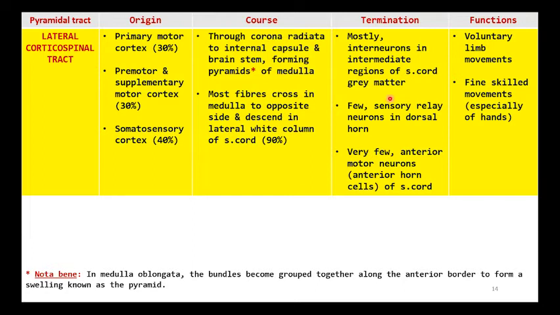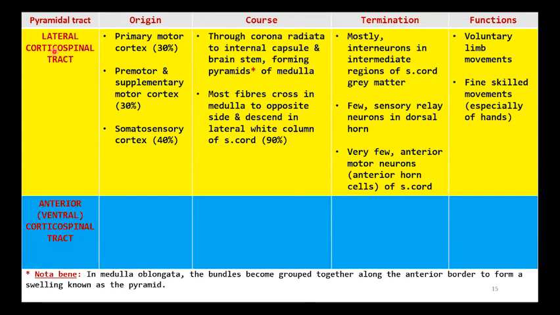So if we compare the lateral corticospinal tract with its counterpart, the anterior corticospinal tract, also known as the ventral corticospinal tract, the source of origin is the same. The input remains the same: 30% from area 4, 30% from area 6, and 40% from areas 3, 1, 2.